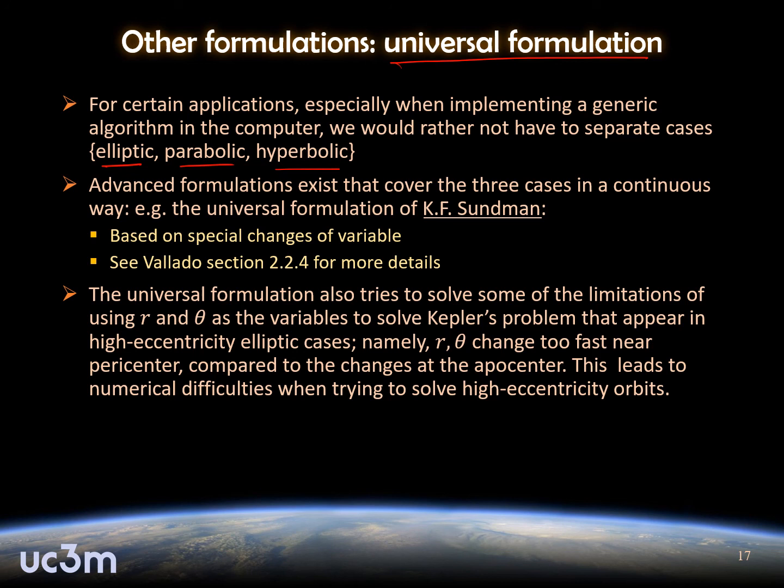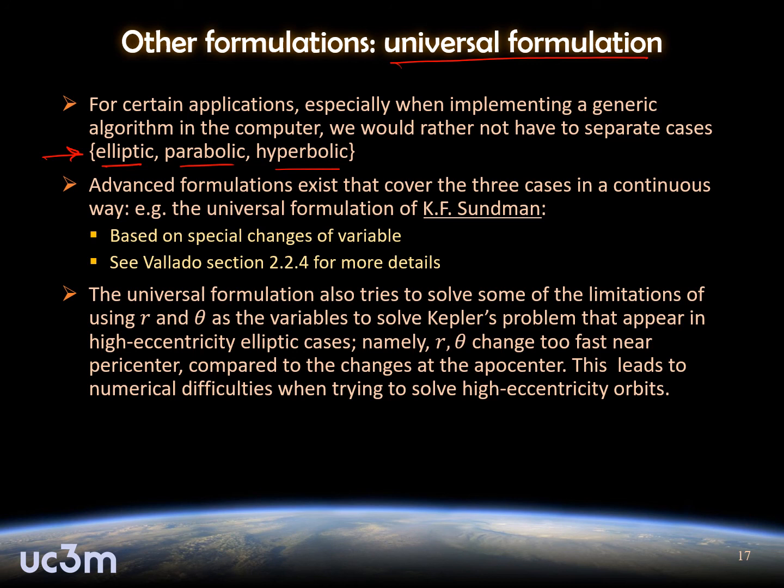Now, the universal formulation is a different approach where we try to cover the three cases simultaneously. So we don't have to have a separate formulation for each of them. This is done by using universal variables, and I just wanted to point out that they exist.